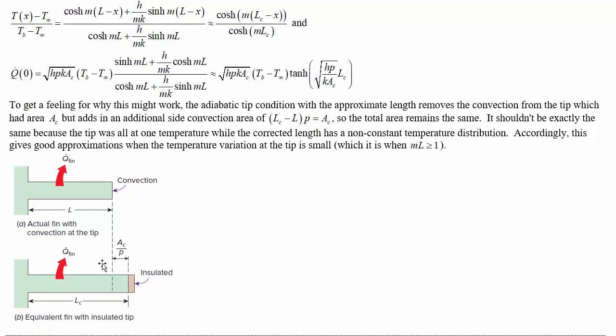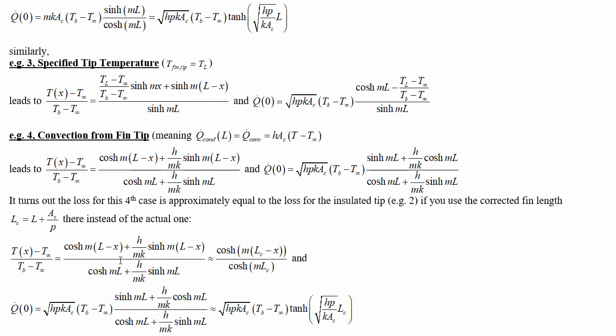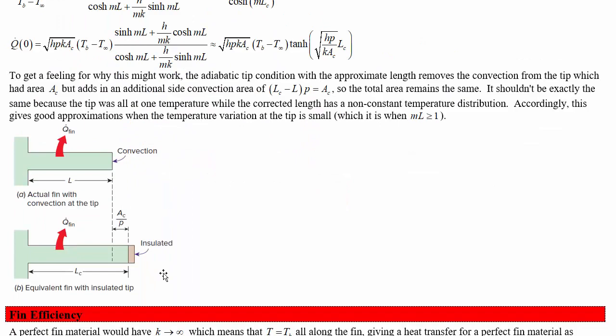So that is, rather than model the convection from the tip using the complicated formulas, you can say it's the same total heat dissipation as an adiabatic fin would have, as long as you add in a length so that you add back in the area of the fin tip, since you're removing that here with the insulated case. That's almost the same results for the heat dissipation.